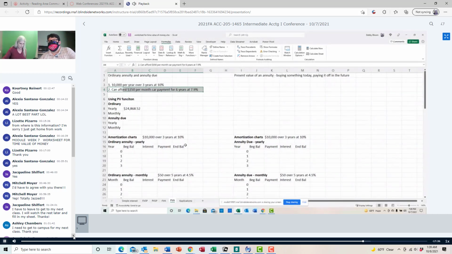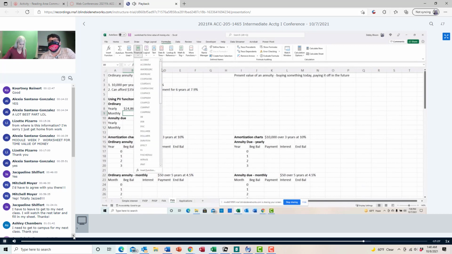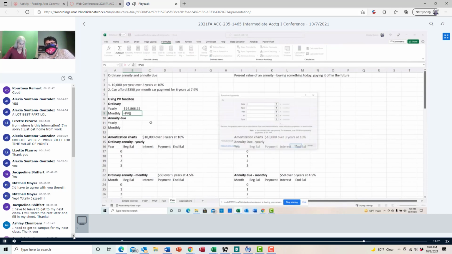So what I'm going to do is click in cell B9, Formulas, Financial, and PV. So in this case, my rate is 7.9%. I told you I didn't want to use silly rates like an even 10%. That never happens in real life. So I'm going to use 7.9%.